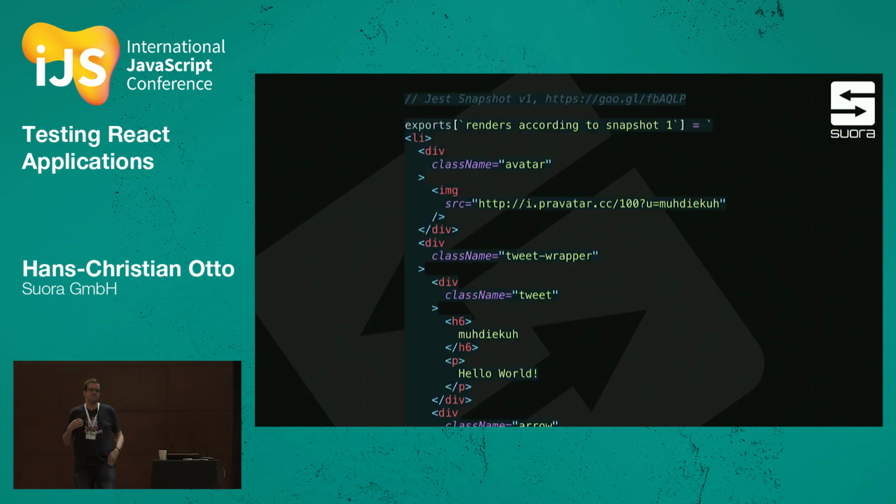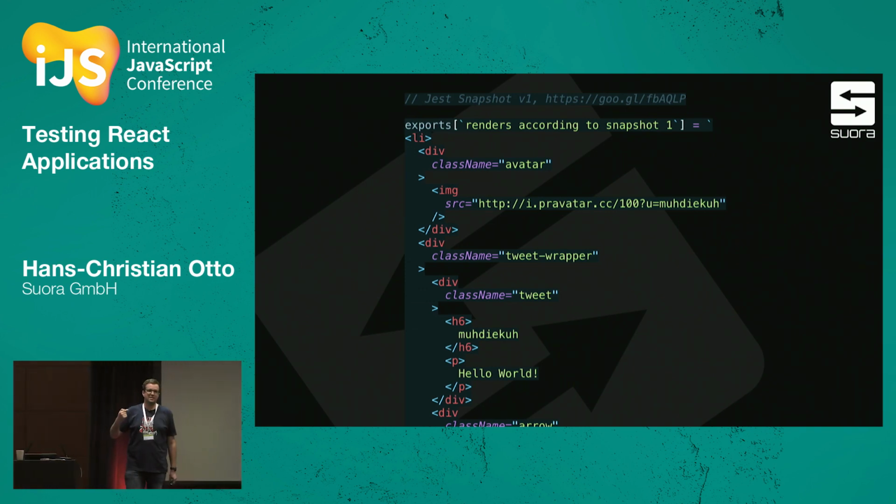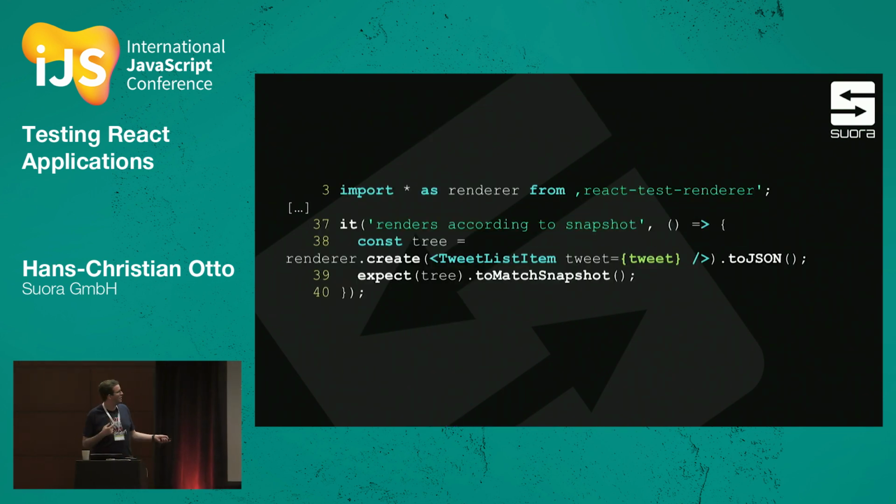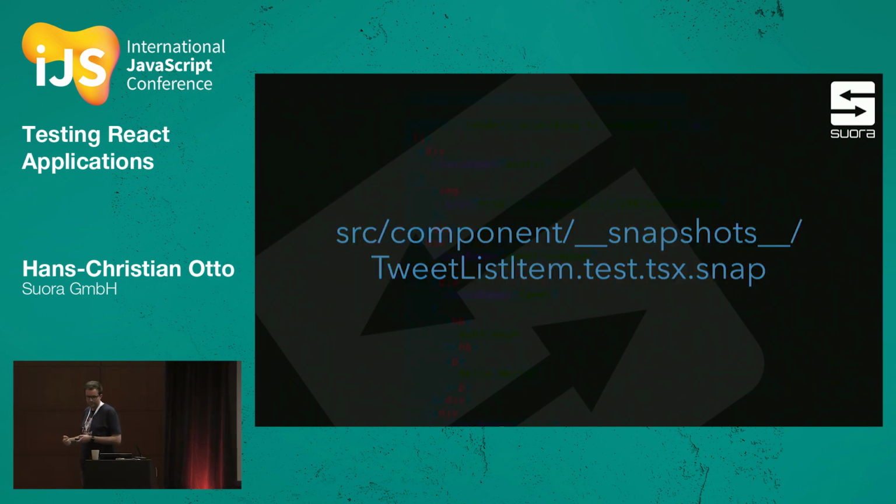And stuff means more or less the rendered HTML. And when we rerun the test, so when we run it for the first time, this file is being created. When we rerun the test, it will check whether the result of this call here is still the same.